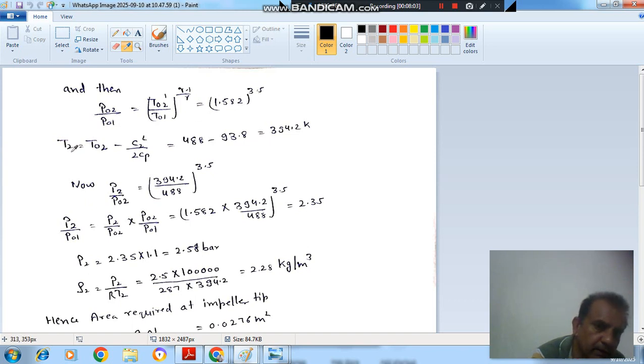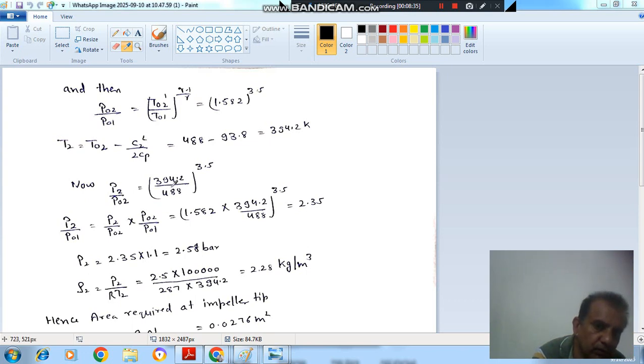ratio 3.5. And static temperature, as I have mentioned, can be calculated by subtracting C2 square by 2CP from T02. So that will come out as 394.2 Kelvin. So now P2 by P02 can also be calculated, because now we have T2 and we have this T1 also, T01 also.